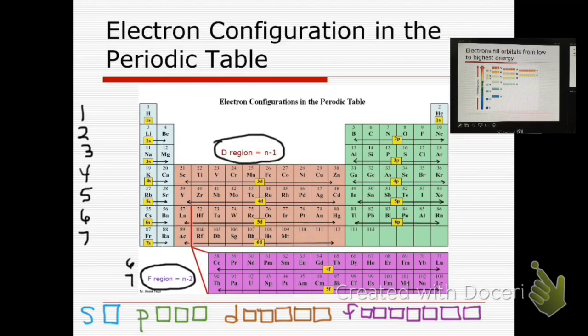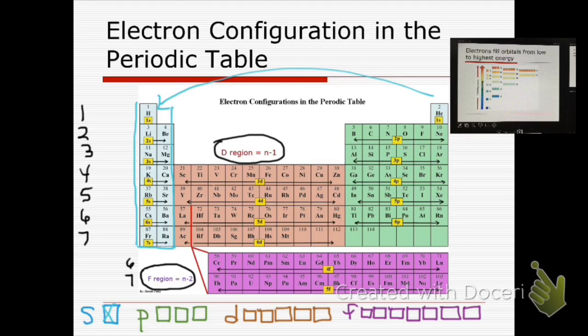In trying to find this pattern on the periodic table, let's remind ourselves that when we have the S-shaped orbital, there is only ever one of those, and if each orbital can hold 2 electrons, that means a maximum of 2 electrons can occupy an S orbital. Notice this blue part of the table is 2 columns wide, representing the S region of the periodic table. Helium really fits in over here as we are thinking about this pattern.